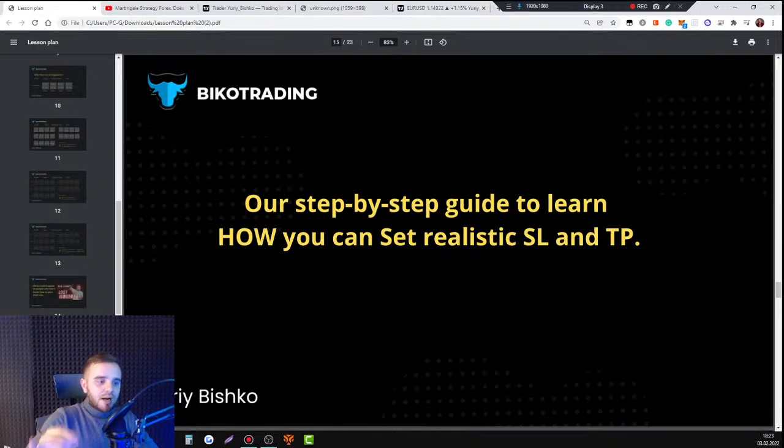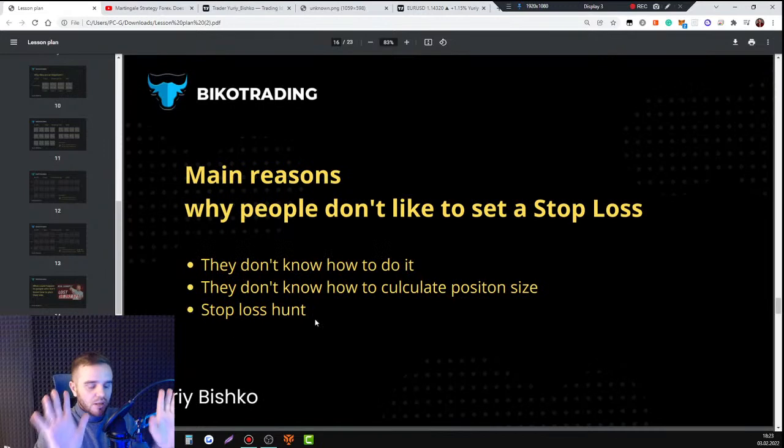Our step-by-step guide to learn how you can set realistic stop loss and take profit. Before I share with you how to set stop losses and take profits, I'll show you the main reason why people don't like to set stop losses, like Diana doesn't like it, and you see that example in the comments.